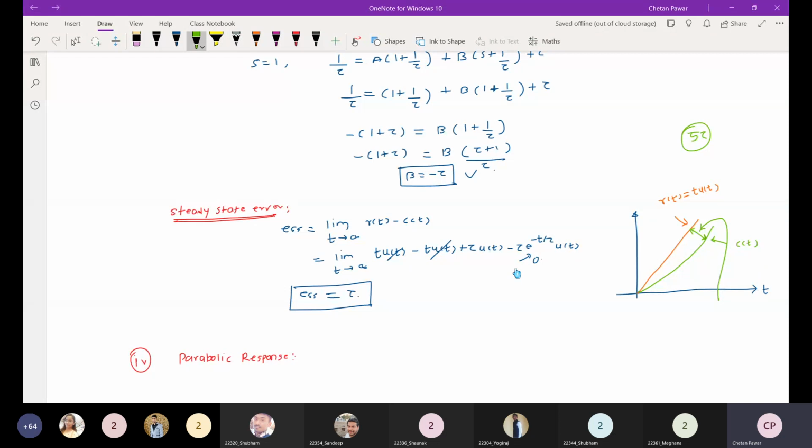So practical systems generally reach the steady state in 5 tau. So I will just use a different color here. Okay, so this is the steady state error.